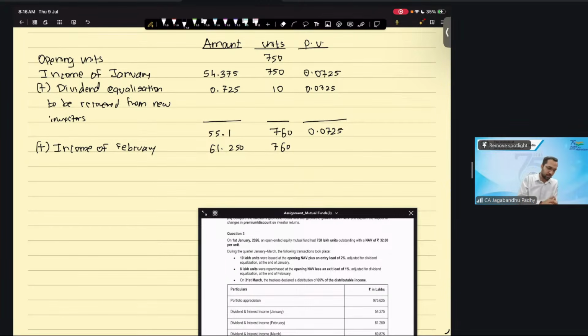So the new income which we have for the month of February is 61.250 divided by 760, 0.0806. Okay, this is the per unit value. So now the total money which is accumulated, that's 116.35, and this belongs to 760 unit holders. So on a per unit basis, we have an accumulated value of 0.1531.